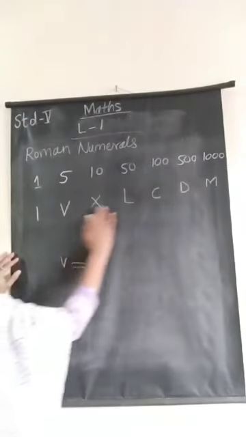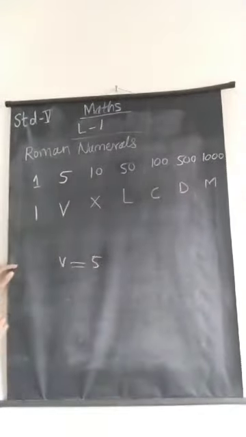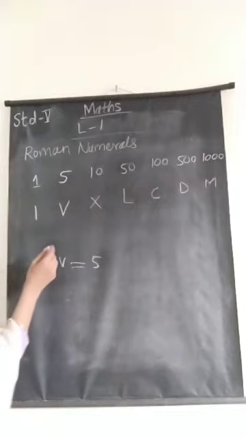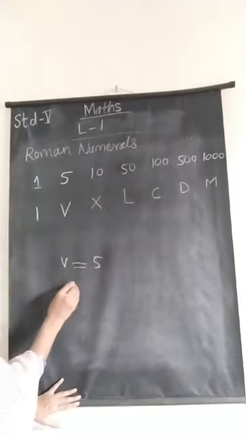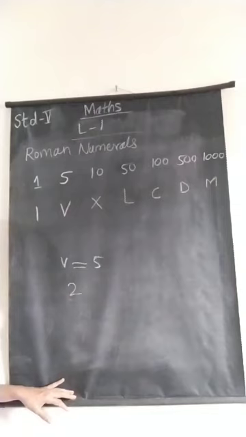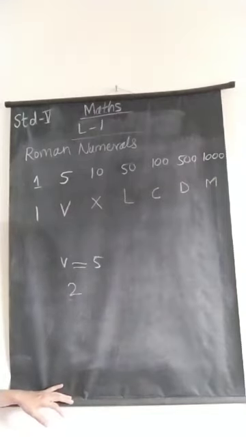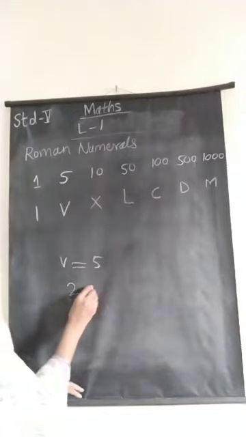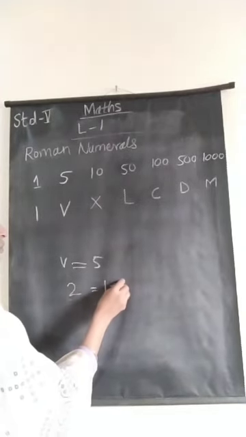With the help of these letters, they write whatever numbers there are. Suppose the number is repeated 2 times. If I have to write 2 in Roman numerals, how are we going to write it? 2 can be written as 1 plus 1.